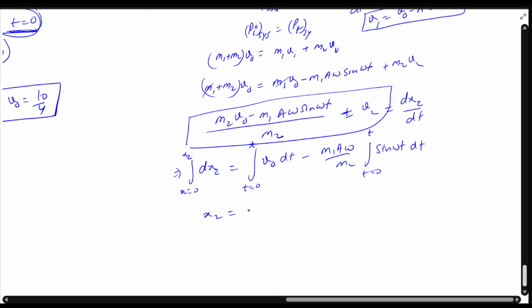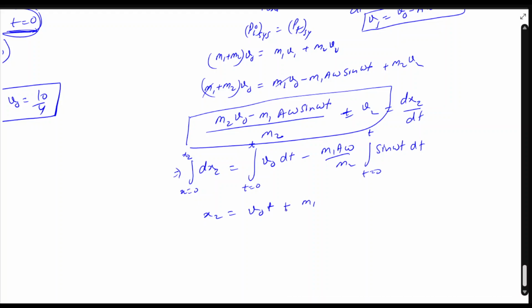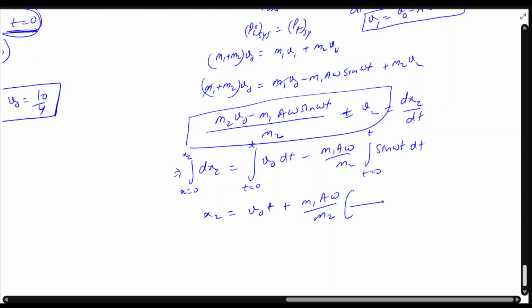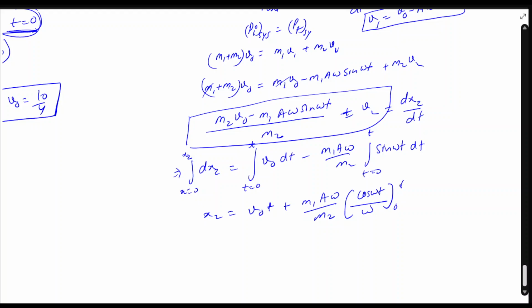So we'll get x2 is equal to v0 into t minus... Now integration of sine is negative, so it will be plus m1 a omega by m2 divided by omega, cos omega t from 0 to t, right? The minus minus will be plus.